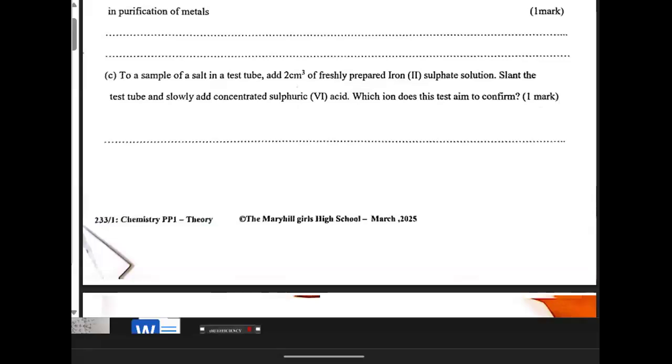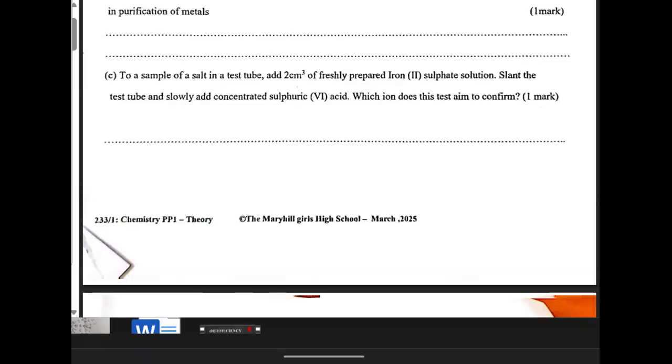And then there is a reaction that happens. The iron 2 sulfate on the upper layer will react with the sulfuric 6 acid on the lower layer, at the top of the acid layer.